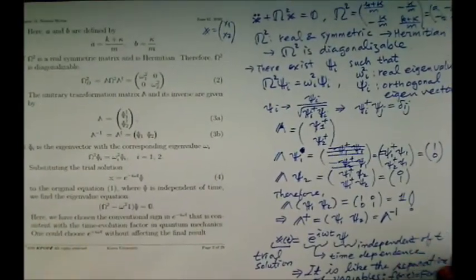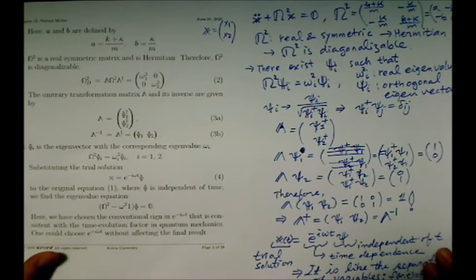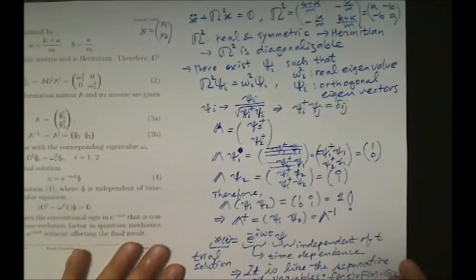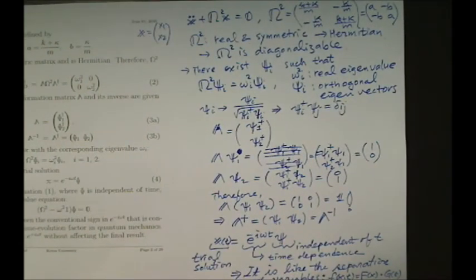Now, let us diagonalize the matrix to find the decoupled equation. The decoupled equation can be expressed in terms of normal modes.